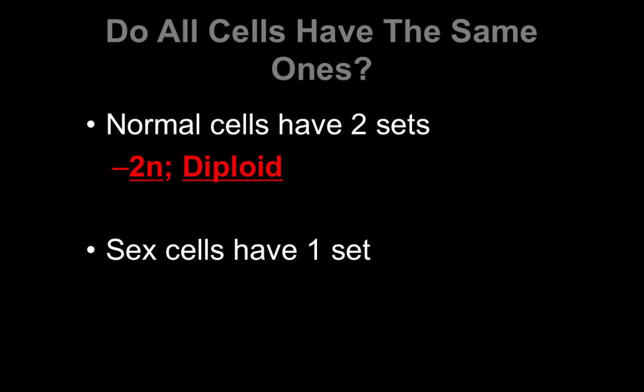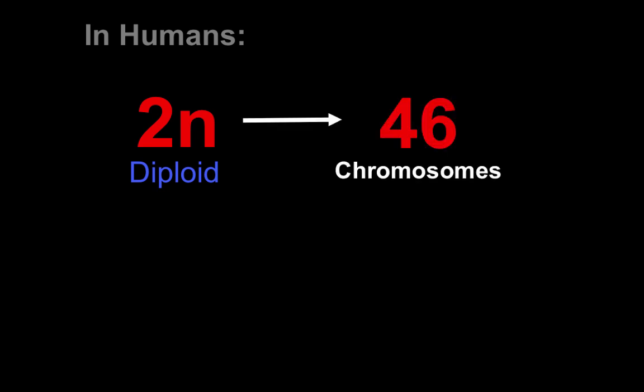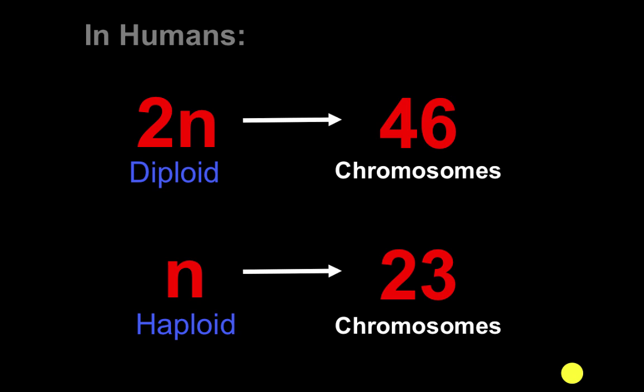So instead of 2N, we're just going to say they're N. And instead of diploid, we're going to say haploid. I think of haploid like half, because it only has half the number. So in humans, the 2N or diploid number is 46, because that's the full number. The half, or the N or haploid number, is 23.